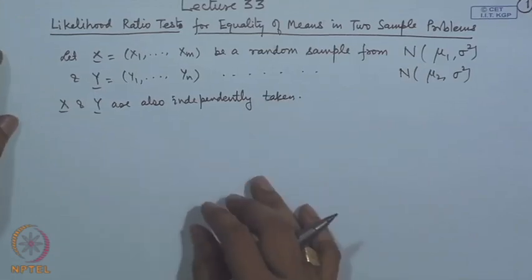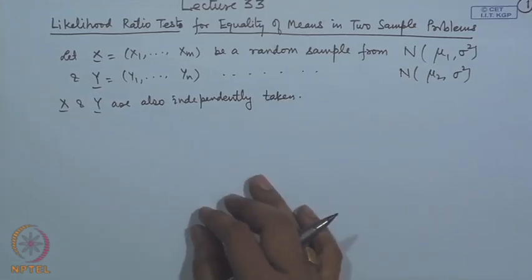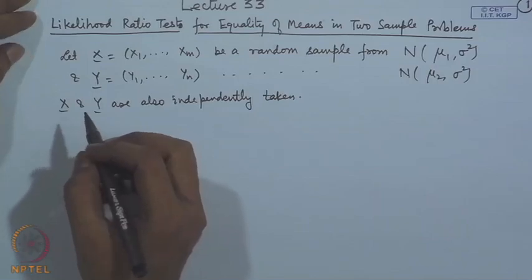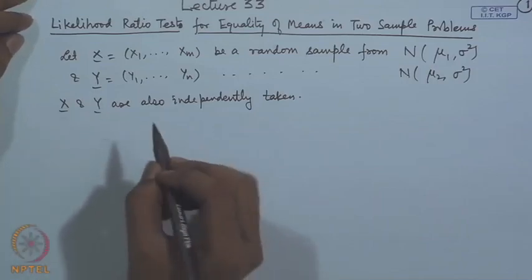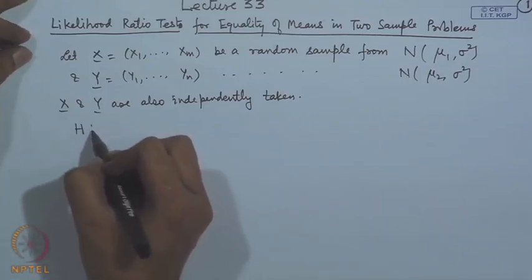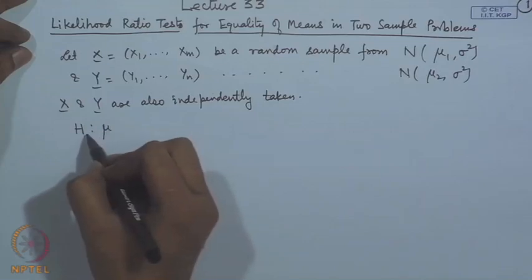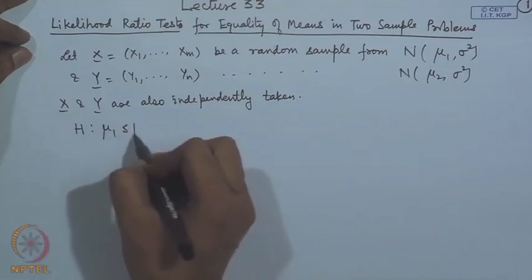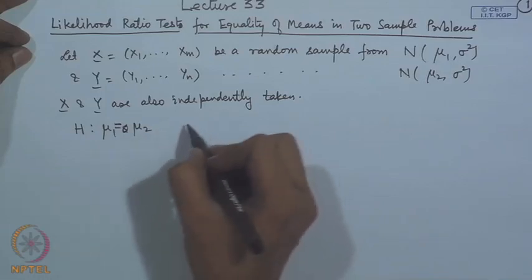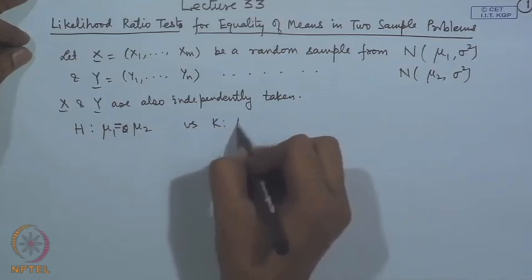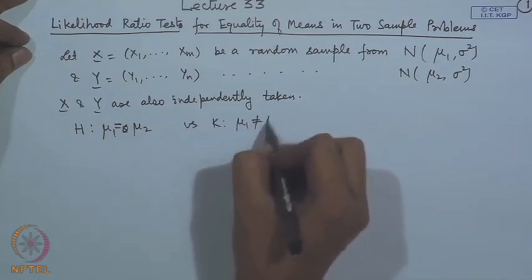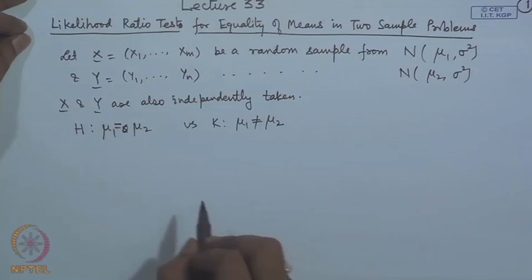This is the model I had introduced yesterday. Yesterday we had considered the hypothesis mu 1 less than or equal to mu 2. Now, today I will consider mu 1 is equal to mu 2 against mu 1 not equal to mu 2.